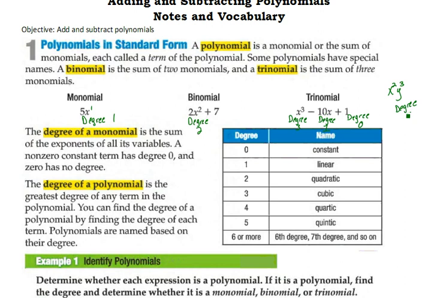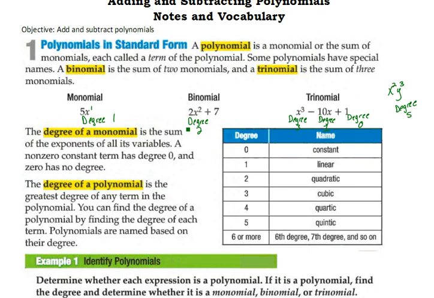So now let's look at how that's different than the degree of a polynomial. Here we are comparing the whole thing. The degree of the polynomial is the greatest degree of any term in the polynomial. So the greatest degree of him is the first degree, so we could look at this and realize right away this is a linear equation.